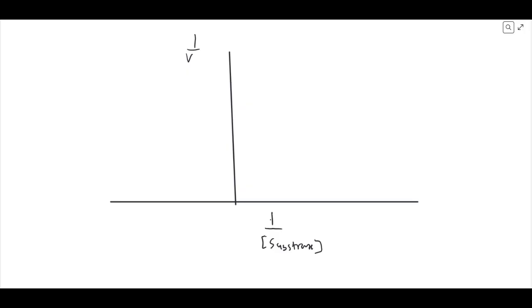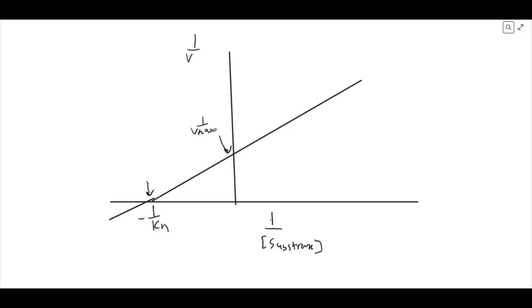And for this, we would typically see a graph like this, where at this point right here, where our data has crossed over the y-intercept, this is our 1 over Vmax, and our x-intercept is basically our 1 over Km.